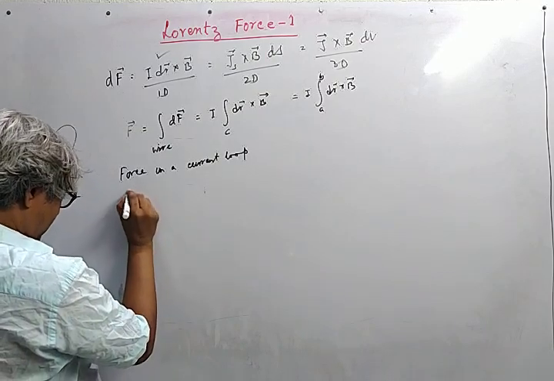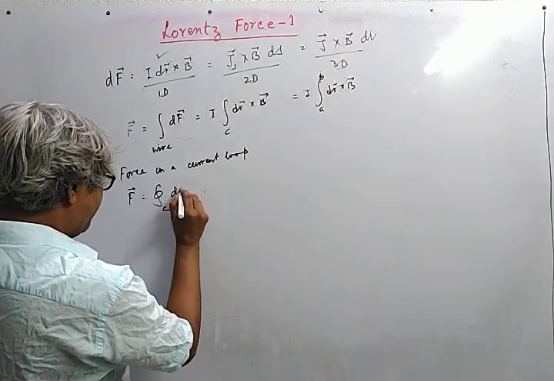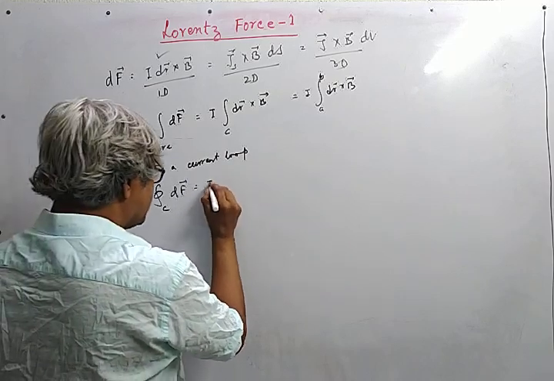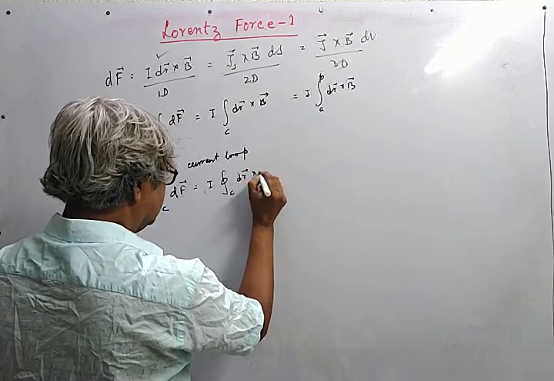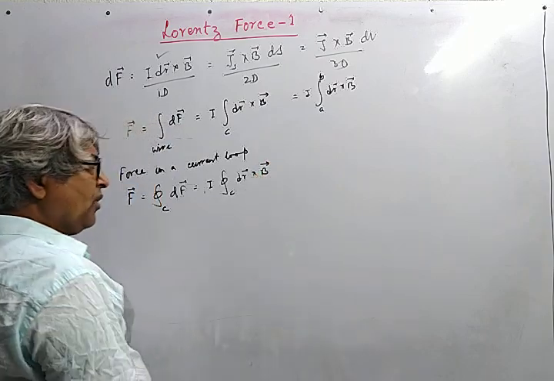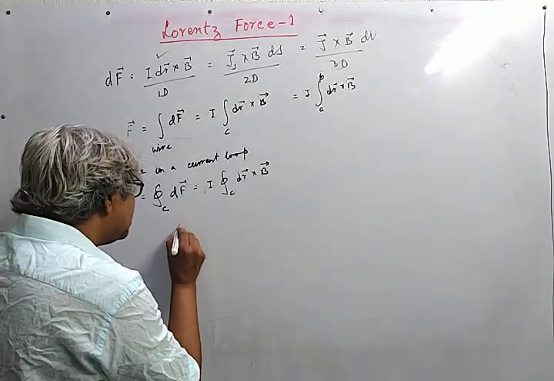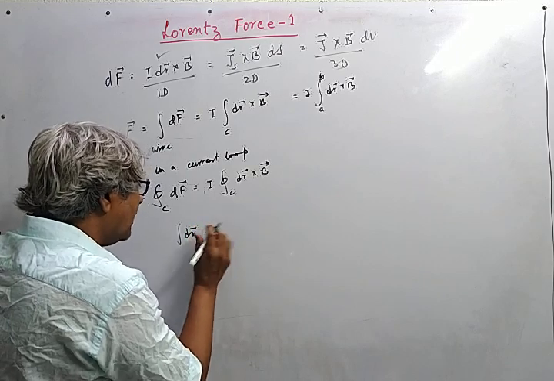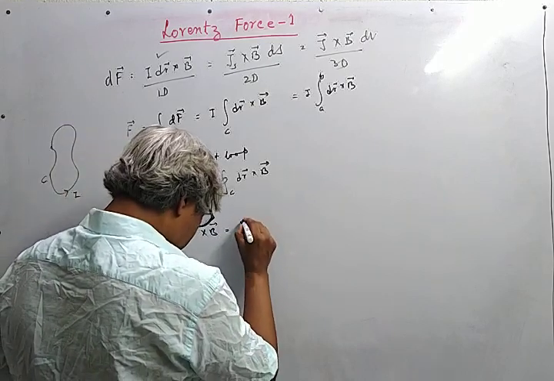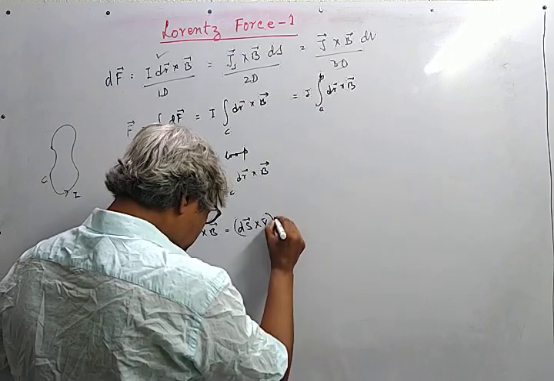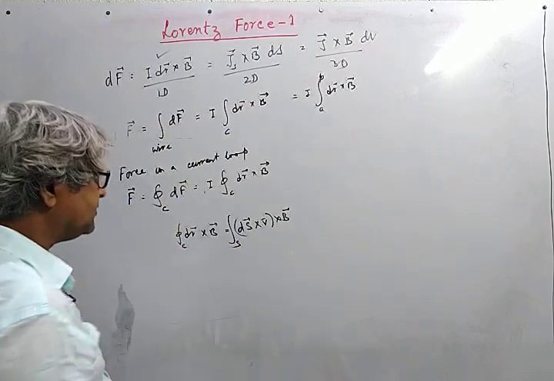In that case, F will be the contour integration of dF, that is I dr cross B. If we use an alternative form of the Stokes theorem, the contour integral of dr cross B is equal to the surface integral, where S is the surface bounded by the contour.